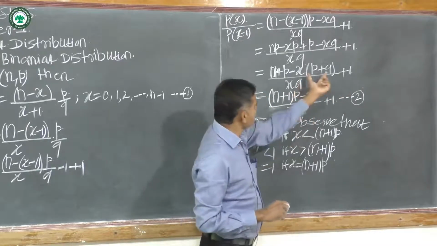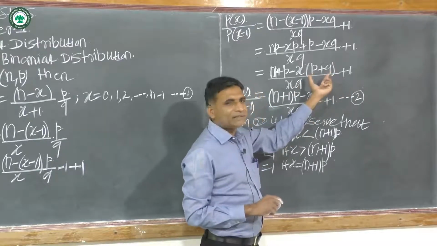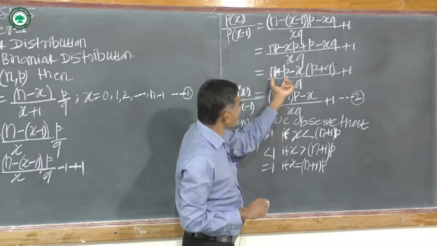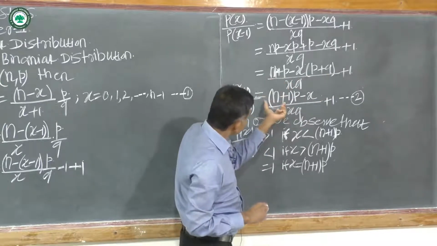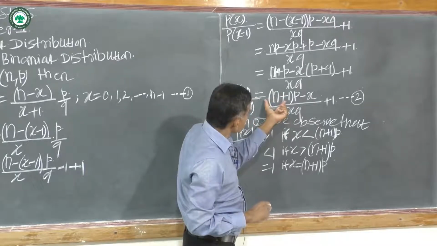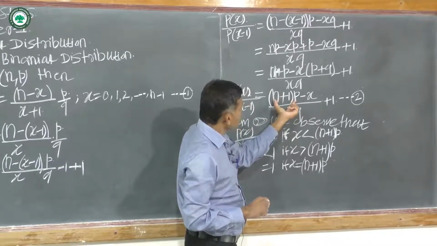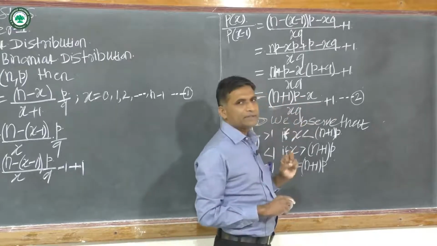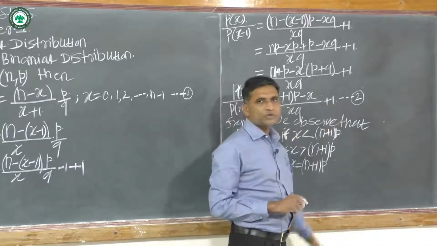Then we know that the total probability p plus q is equal to 1. Then from these two terms take p common, and we get (n plus 1) into p minus x upon x into q plus 1. Suppose this is equation 2.